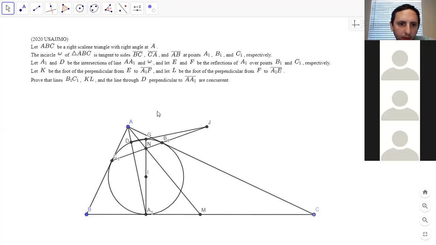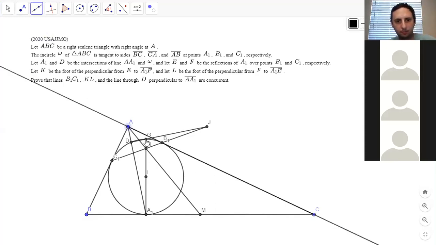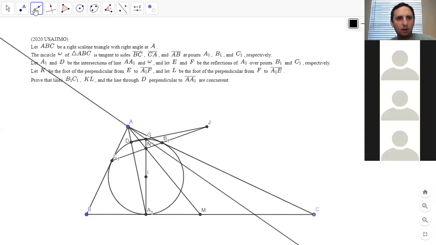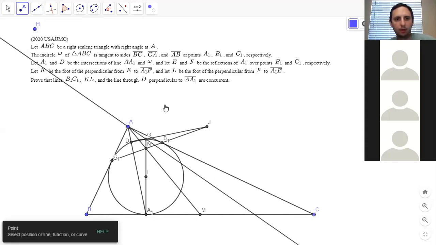Project through D, project A through D, or what do I guess we probably have to use somewhere that ABC is a right triangle, right? Can you let AG hit the incircle again? Yeah, so AG, so yeah, I'll label both these points.